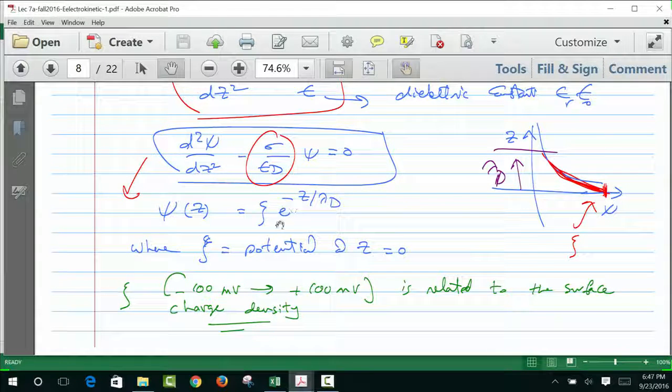But when z equals lambda D, and this becomes e to the power minus 1, you get basically the edge of the electric double layer, which is what the Debye length was. It's an approximation to where the edge of the boundary layer exists.